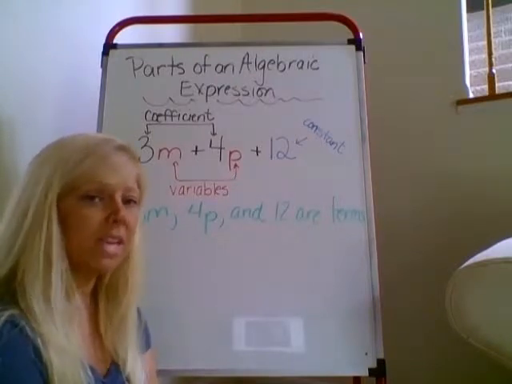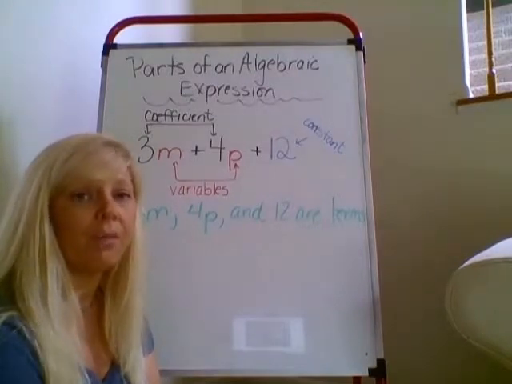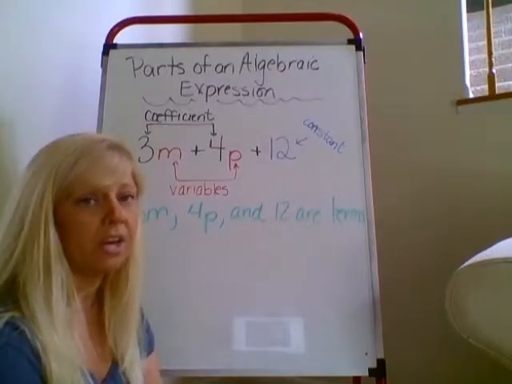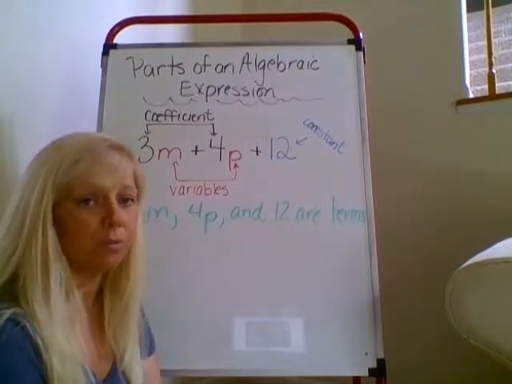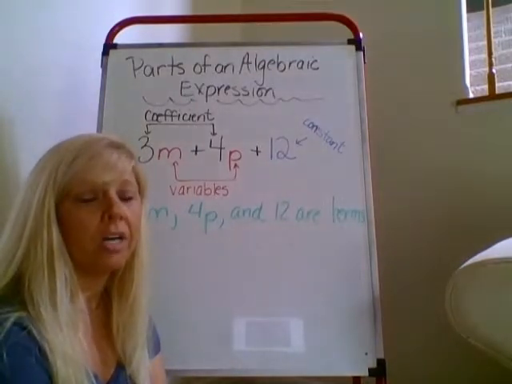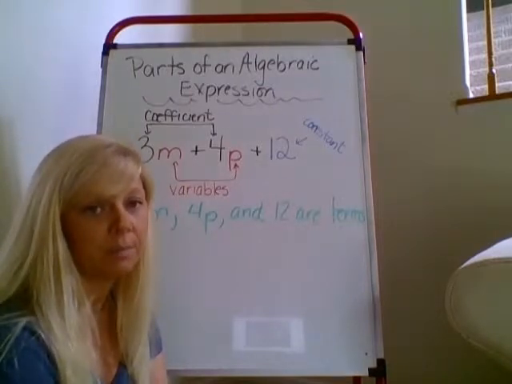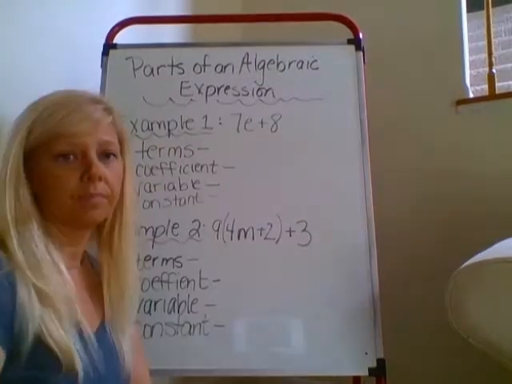The only case that doesn't happen is if there's a parenthesis involved. Then we've got 2 terms there. But for the most part, you can tell how many terms there are in an algebraic expression by looking at the addition and the subtraction symbols in them.